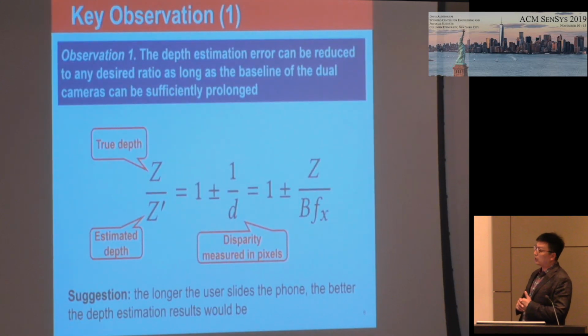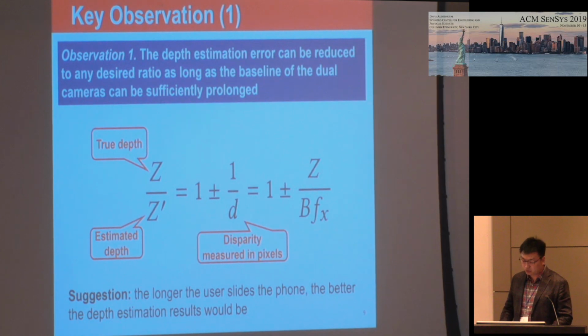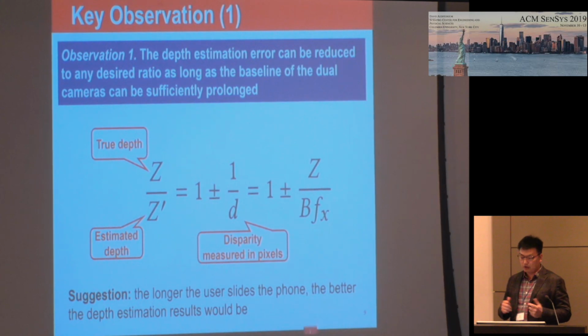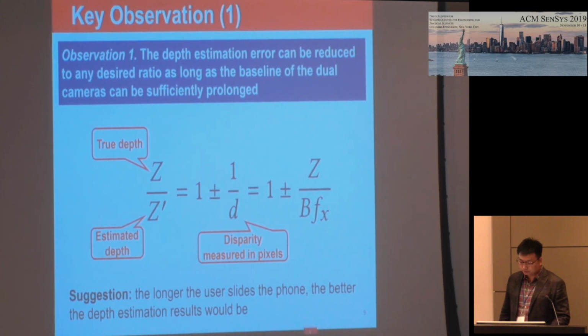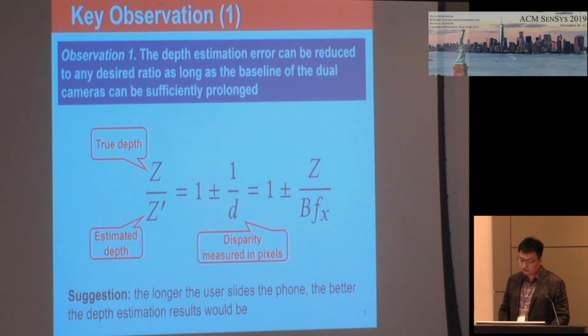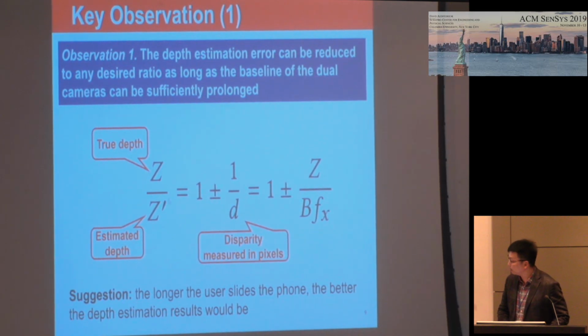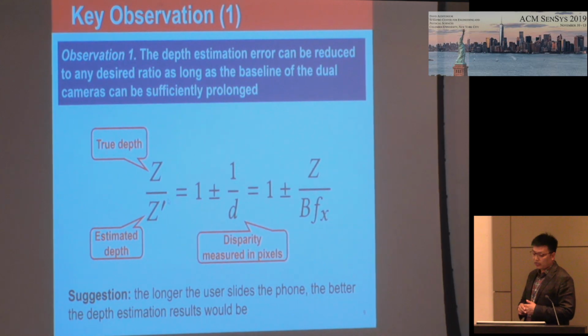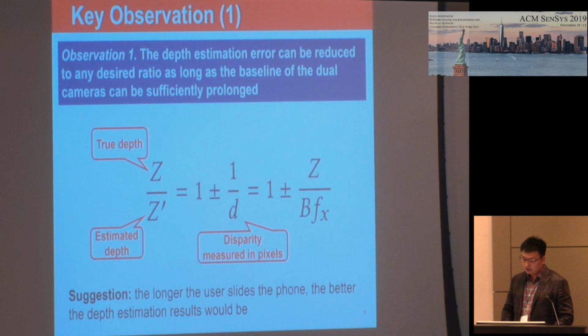After that, we have several key observations. From the previous introduction, you will see the depth estimation error can be reduced if I can prolong the baseline. So what we do here: if Z is the true depth and Z prime is the estimated depth, we can analyze where the error comes from.